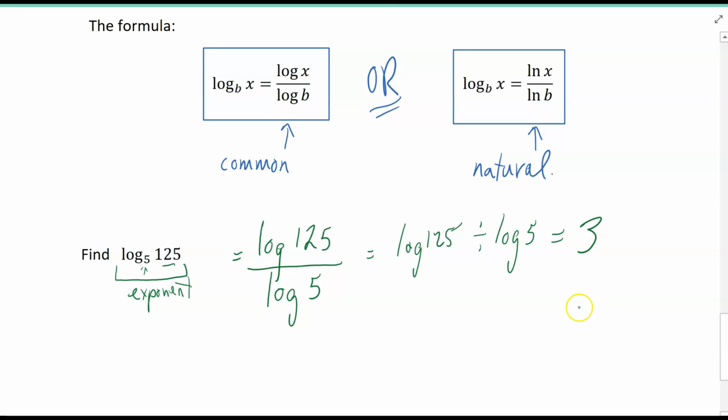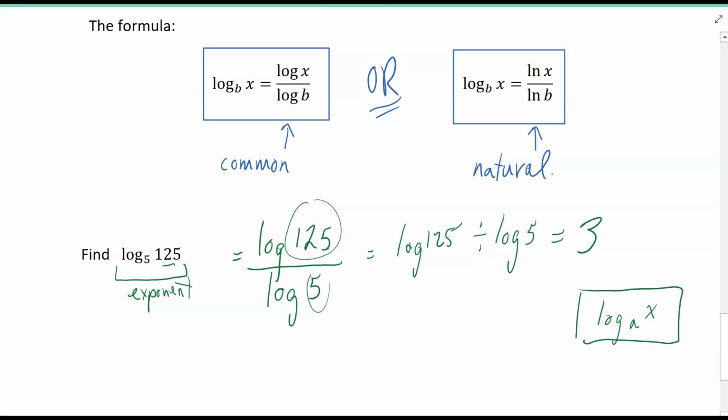Now, some calculators do have a button that says log base a of x, and that's rare, but if you have that button, then you can probably put in the 5 and the 125. But if you don't find that button or you don't know how to use it, then you can always just use the ratio of the log of the argument divided by the log of the base.